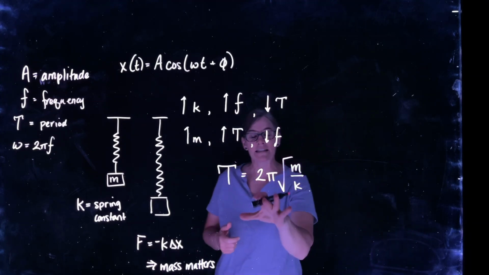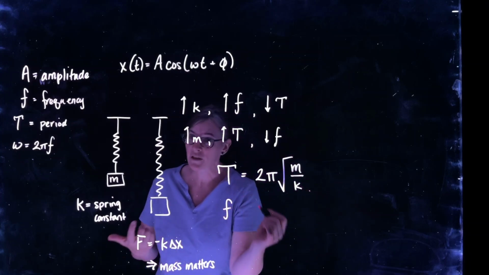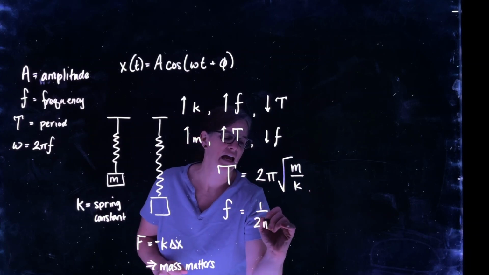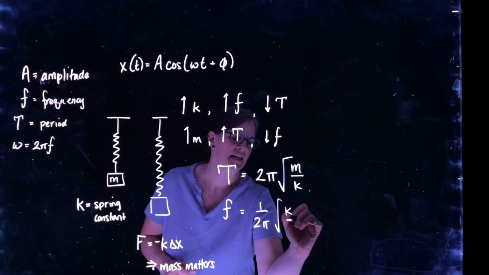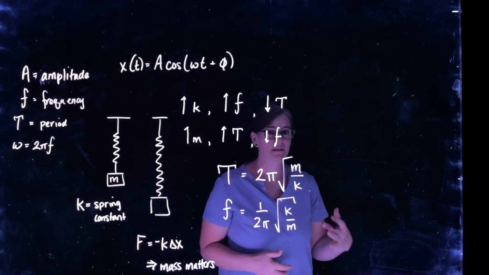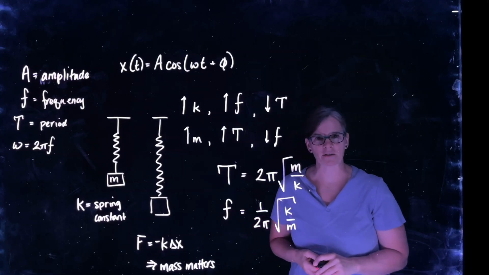So, of course, if this is the period of our motion, the frequency, which is equal to 1 over the period, we've talked about that in the previous lecture, can be written as 1 over 2 pi times the square root of k over m. And that, again, does certainly show consistency with that conceptual description that we talked about.